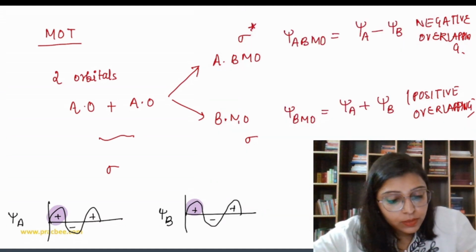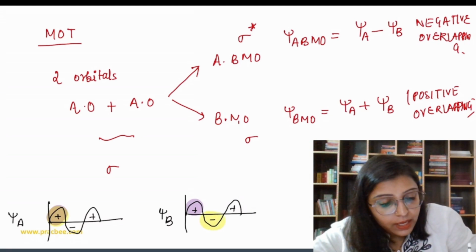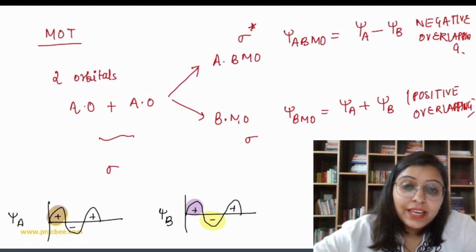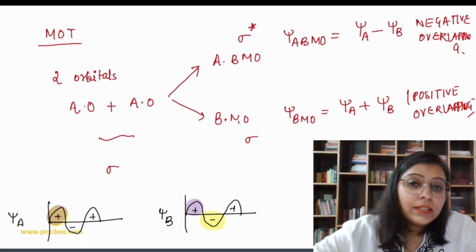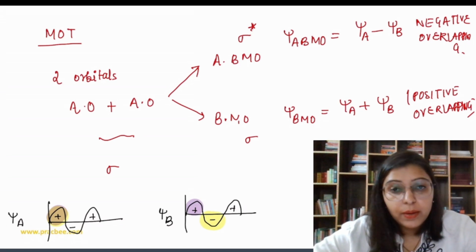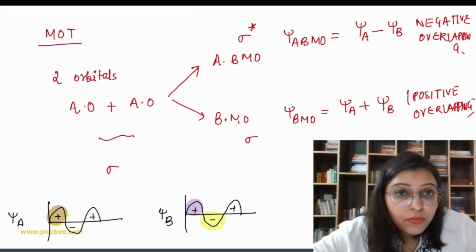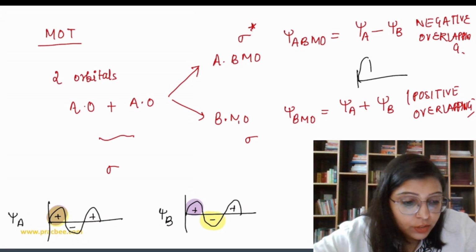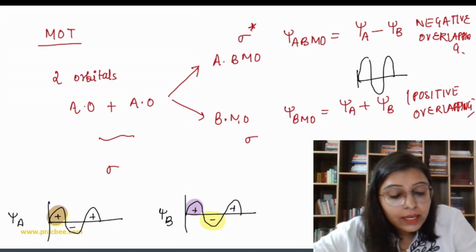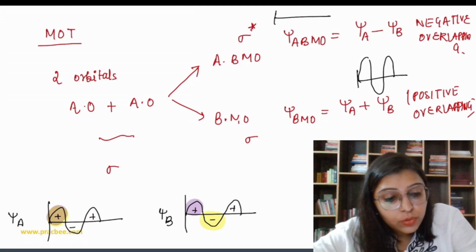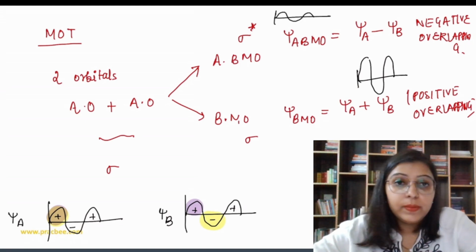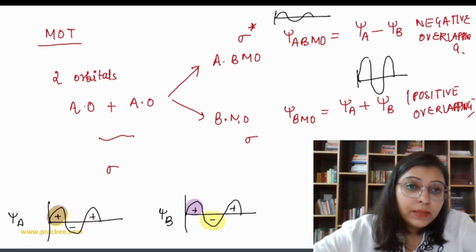But if this positive one combines with the negative one, that's a case of negative overlapping. In positive overlapping, the amplitude of the wave increases, and in negative overlapping, the amplitude decreases. Understood?